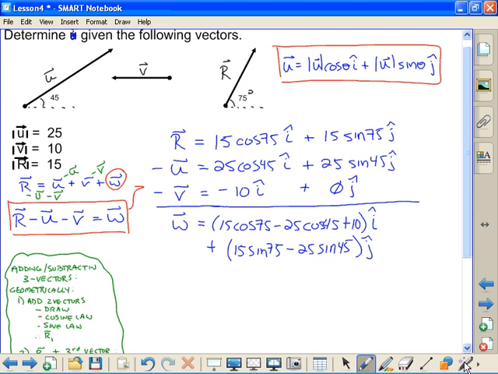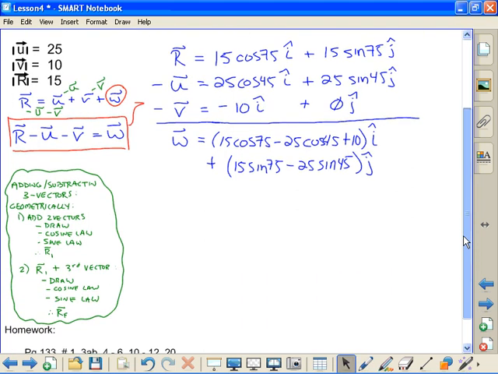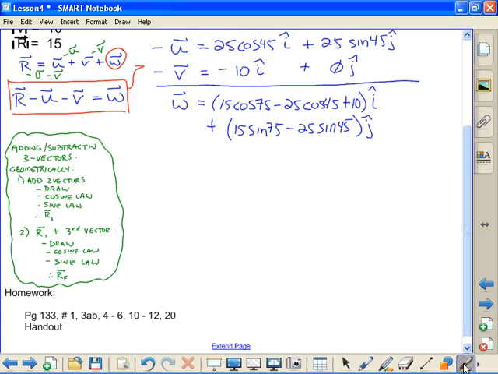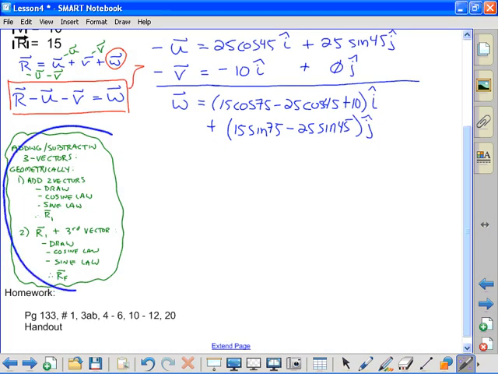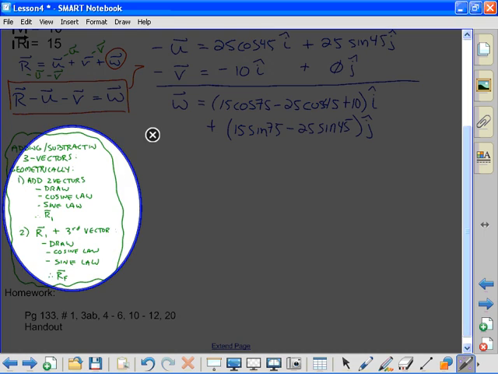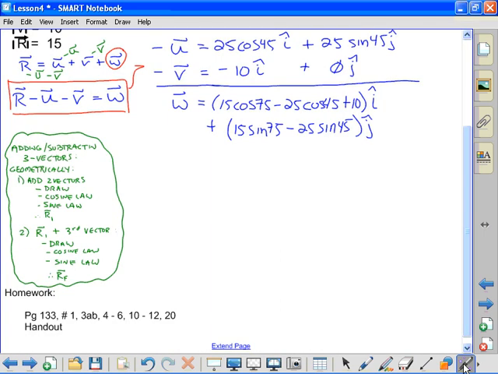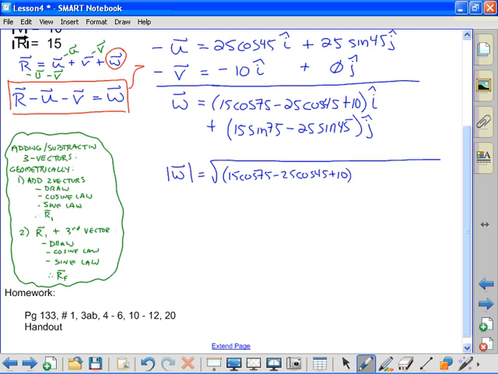So there we go. So what have we done? We have found our missing vector right here. This is the missing vector, and we've done it in a lot fewer steps. If you were to do this geometrically, it would probably take you a good 2 or 3 pages to go through in order to make sure you did it correctly, whereas we're all done. All that's left, magnitude of w is equal to the square root of 15 cos 75 minus 25 cos 45 plus 10, all squared, plus 15 sine 75 minus 25 sine 45, squared.